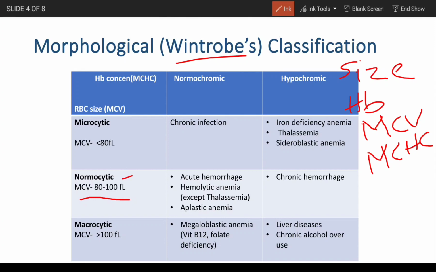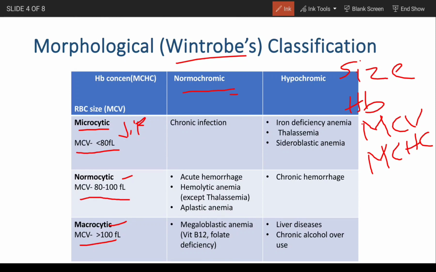called normocytic. If less than 80 femtoliter, called microcytic, that means decrease in RBC size, and if greater than 100 femtoliter, cause increase in RBC size, called macrocytic. If there is average hemoglobin content in the cell, then there is no change in color, so normochromic.